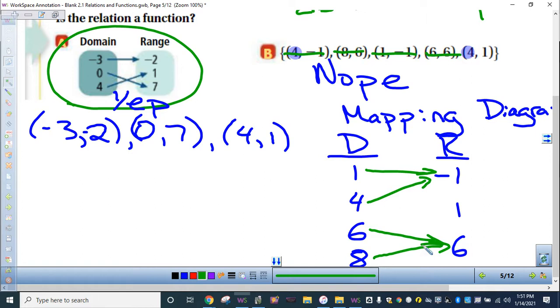And last one is 4, 1. So right here, because you've got two arrows coming from that 4, that's what makes it not a function. Okay, so that's how you make a mapping diagram. You may have to go from ordered pairs to the mapping diagram or vice versa, as I said before.